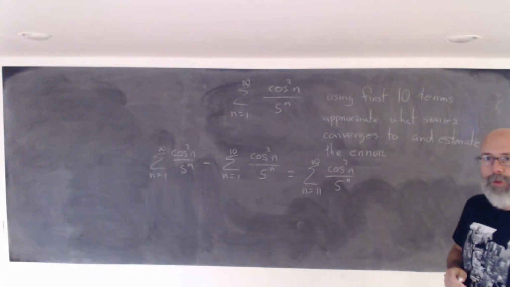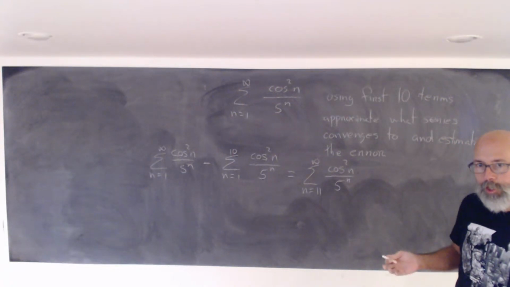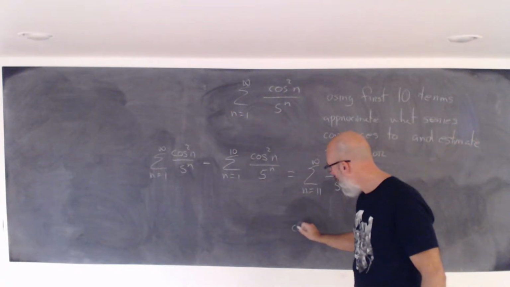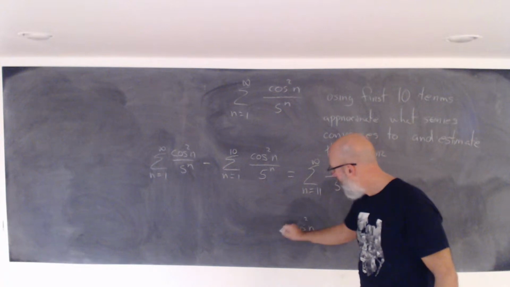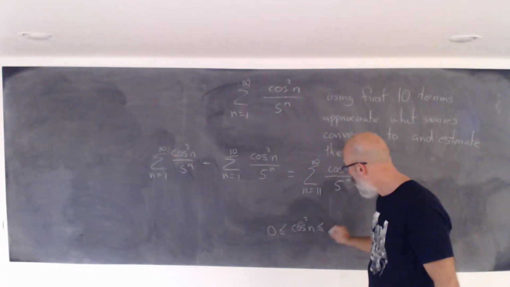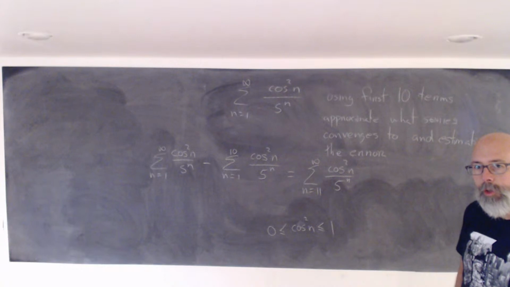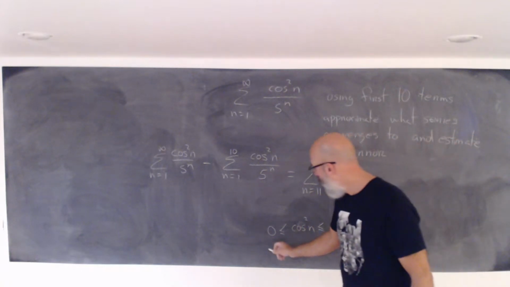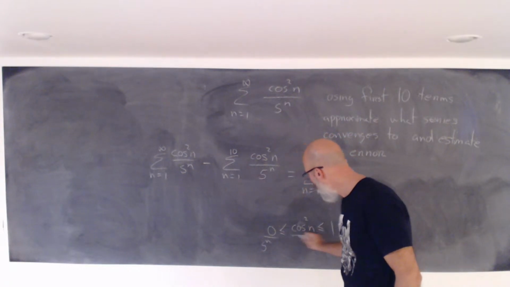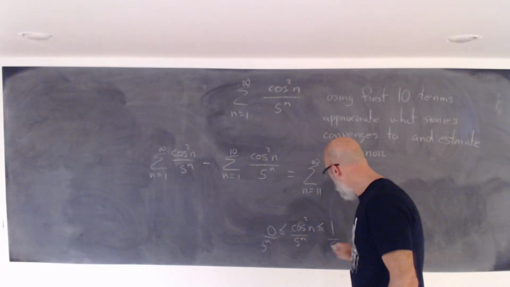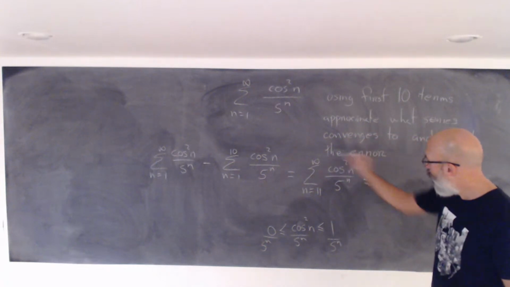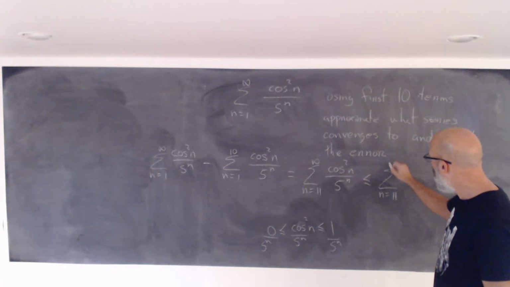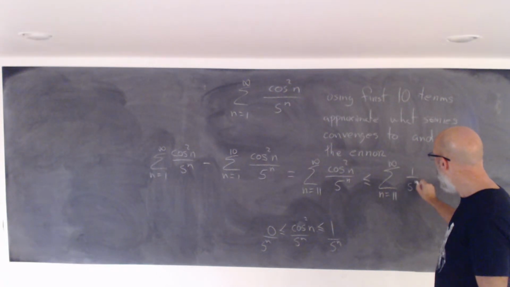So the book does something we did not discuss, but it's not beyond you. What do you know? Cosine squared is always less than or equal to 1 and bigger than or equal to 0. So if you divide by 5 to the n, this whole thing is less than or equal to 1 over 5 to the n.